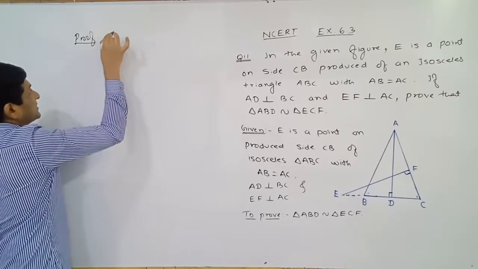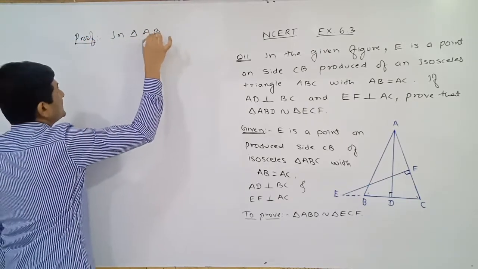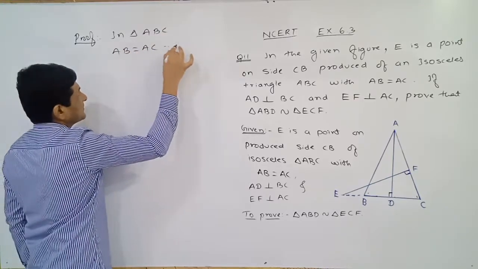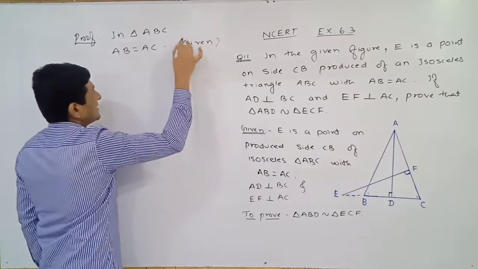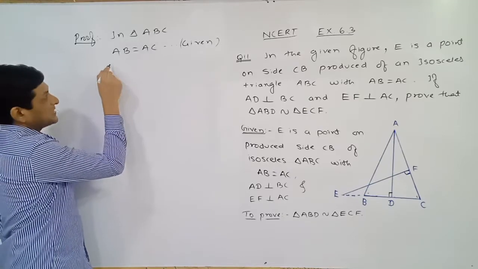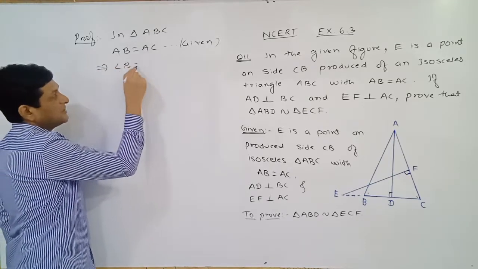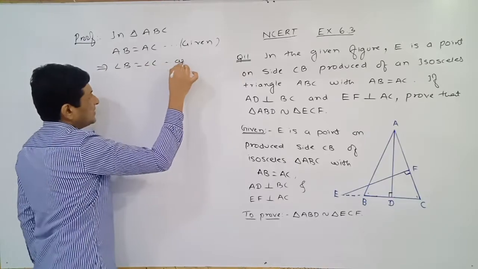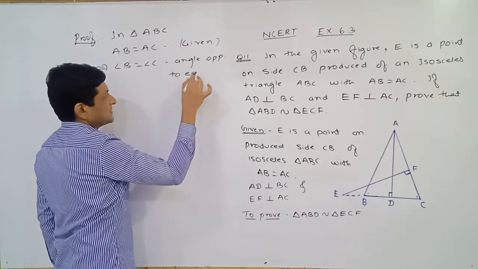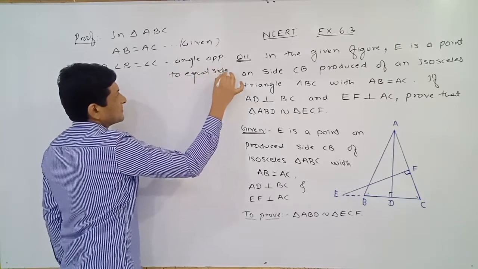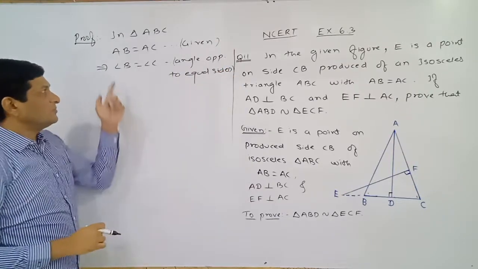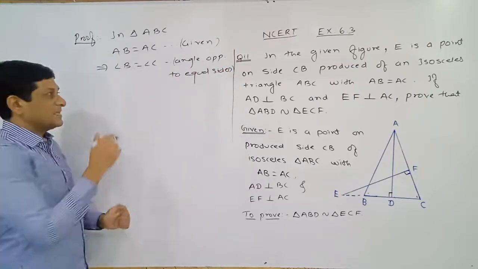It is given that in triangle ABC, AB is equal to AC. We know that in a triangle, if two sides are equal, then the angles opposite to them are equal. So this implies that angle B is equal to angle C, since angles opposite to equal sides are equal.